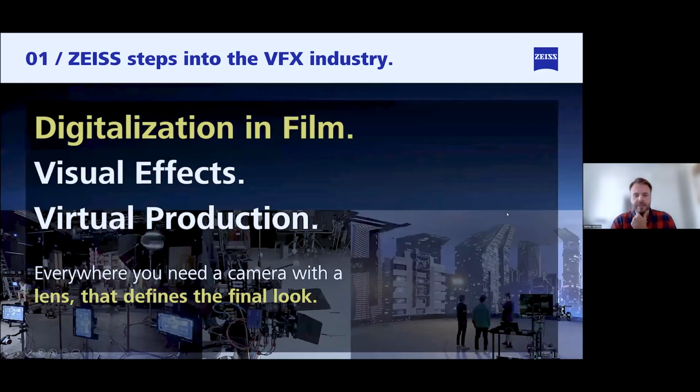Hopefully you see all my screen right now. This is just a short introduction why ZEISS decided to join visual effects, or why we want to do something for visual effects, because we see that there's a big change in the industry. We have more visual effects, we have virtual production, and in all of these fields you need a lens.